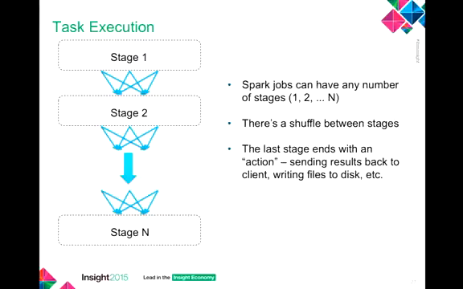At the end of it all, the data has to be acted upon. Either it has to be written to disk or sent to the client, or maybe you're just doing a count or some aggregation or sampling of that kind. All of that happens in the last stage. So you see how, except for the last stage, there's shuffle happening between stage boundaries, right? So stages are demarcated by shuffles.